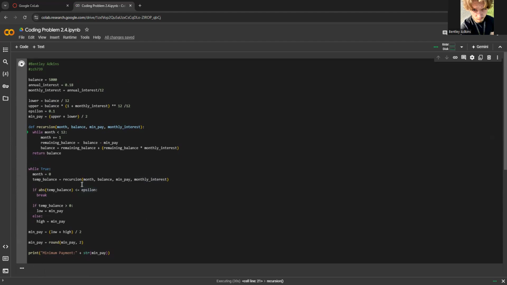Hmm. This is running too slow for what that's supposed to be. Yeah, maybe that's supposed to be lower. And then, let's see, definition of the month. Month adds one.